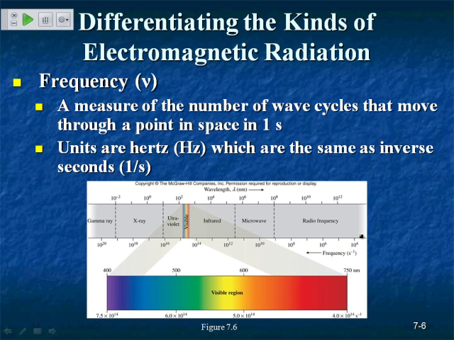The other property we would use is called frequency, and this is not a V, this is called nu, N-U, another Greek letter, and frequency is represented by the letter nu. Now frequency is a measure of the number of waves that pass through a point in 1 second.